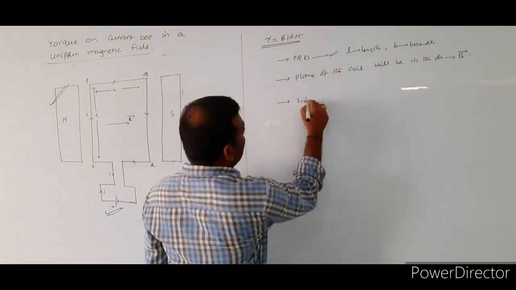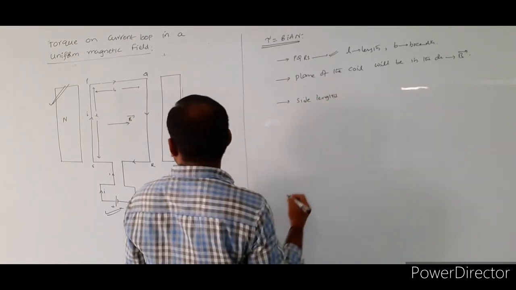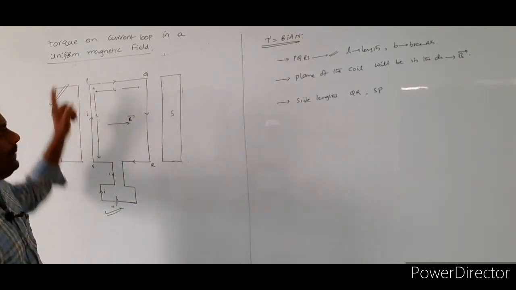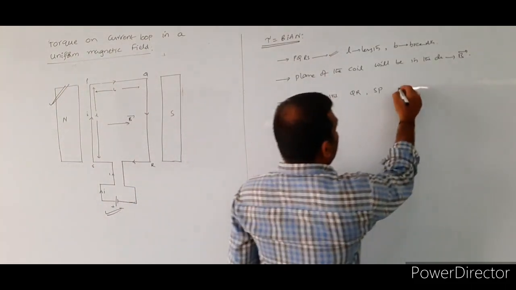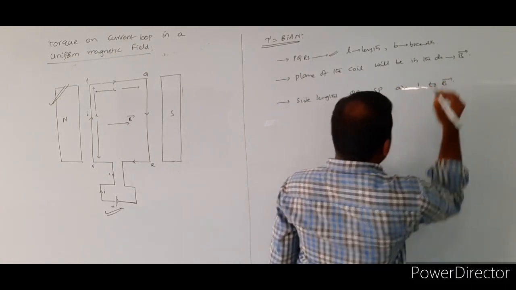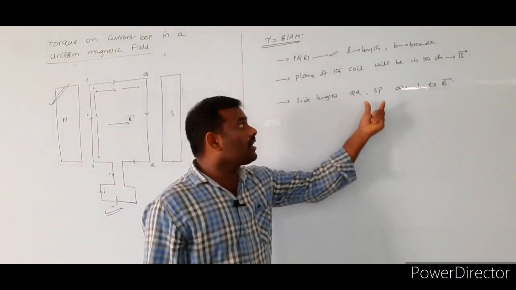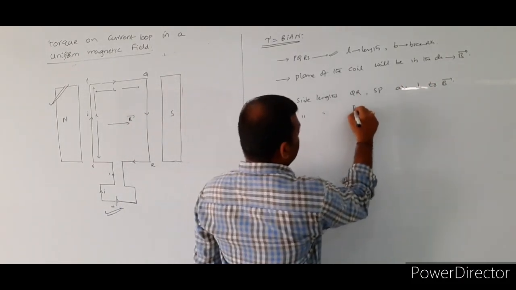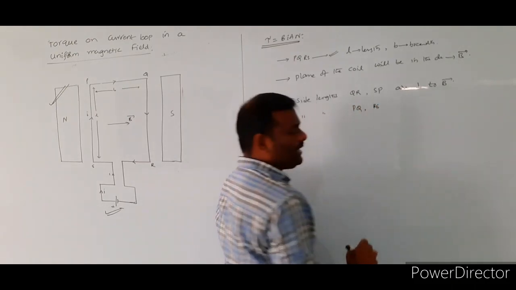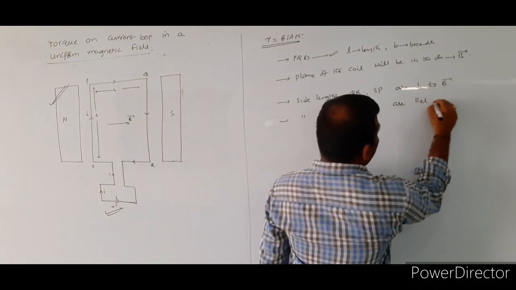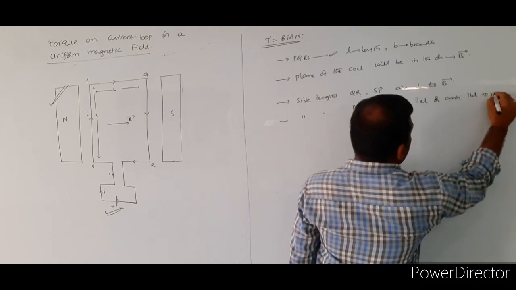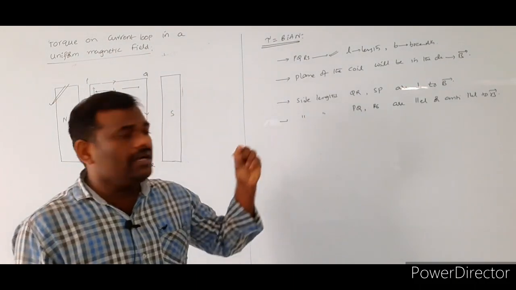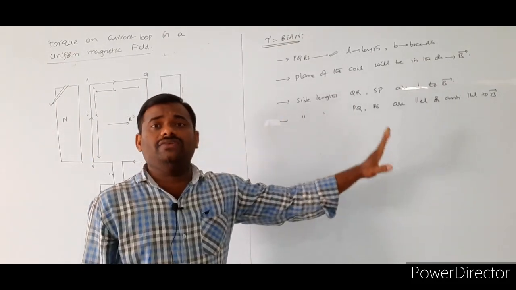So what do we write? The side lengths QR and SP are perpendicular to the direction of the magnetic field, whereas the side lengths PQ and RS are either parallel or anti-parallel to the direction of B. So what we have to observe while placing the coil, with its plane parallel to the magnetic field, is the direction of the sides.